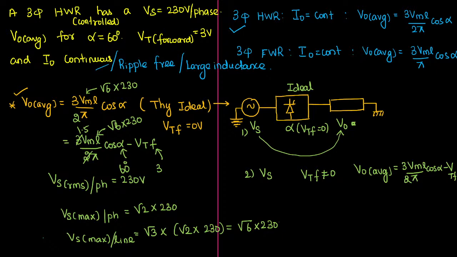Then into, we should take cos 60 degrees minus 3. So the exact answer, I am getting 131.497 volts. I think many of you got the same answer. Yes. So the correct answer is 131.497 volts. Very good.